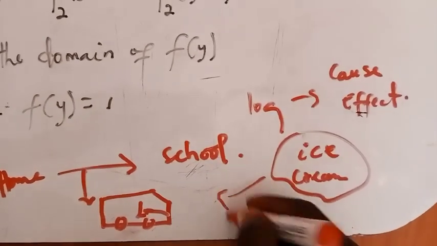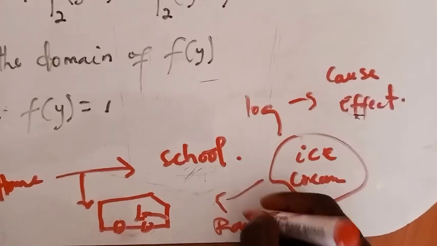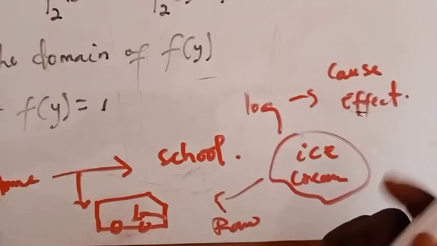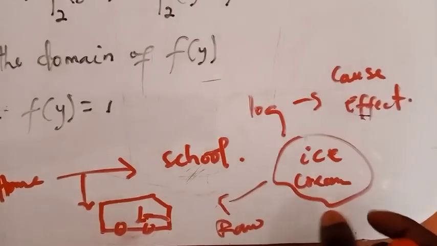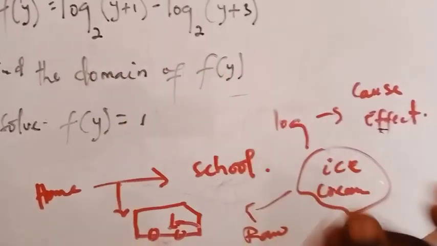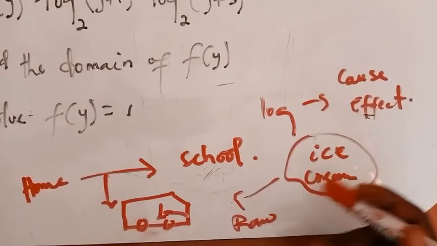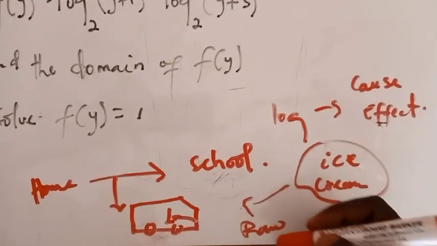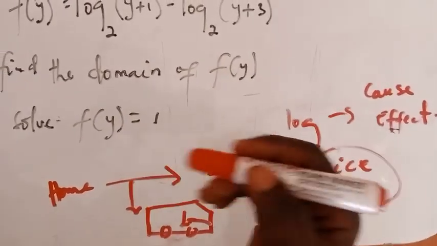The raw product, or the raw item, needs to be processed before you have your ice cream, which is the finished product. So what brings the ice cream here is exactly what logarithm does. Logarithm brings about the cause. So what caused the ice cream, or what was the effect on the ice cream here? That is what logarithm does.